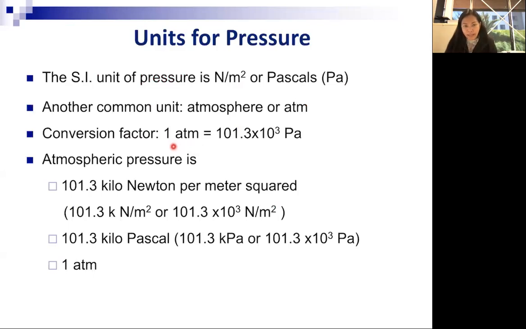In pascals, as we saw in the previous slide, it's 101.3 times 10 to the 3 pascals. So you have this conversion factor if you need to convert from atmospheres to the SI unit pascals. This summarizes the atmospheric pressure in the different units we've seen so far: newton per meter squared, pascals, and atmosphere.